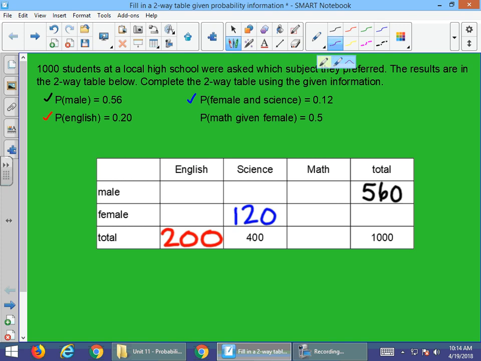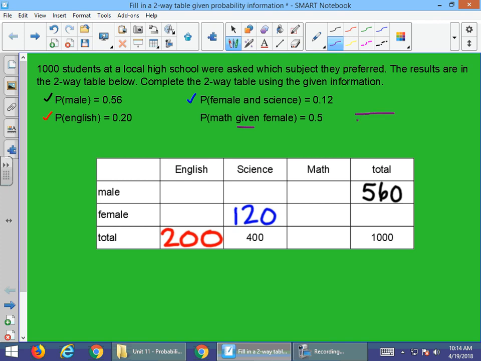All right, now let's take a look at the fourth one. It says math given female. This word, given, is the big one. When I am given information, I no longer care about the total. That 1,000 is no longer a thing for me. This says I know that the student is female.